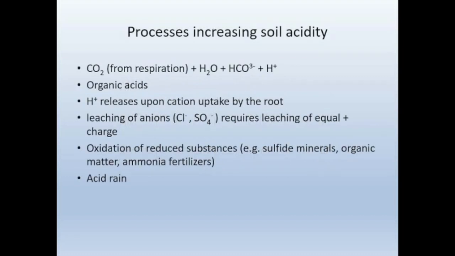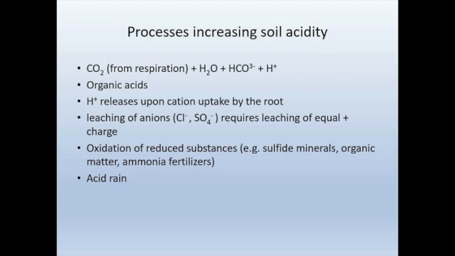So other things that acidify soil: CO2, we kind of saw that from respiration. H plus from cation exchange. Our plants will kick out a hydrogen ion if they want to take out a potassium ion or calcium. You have to have an equal exchange, so we release acidity from our roots.